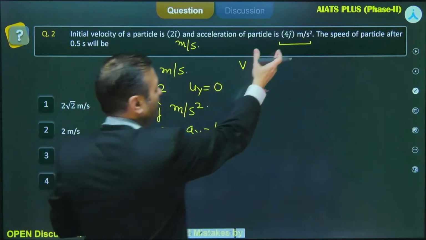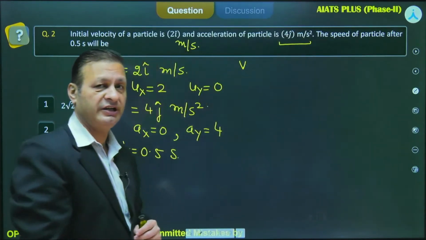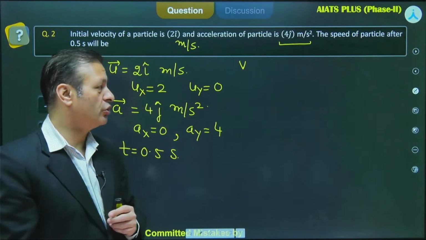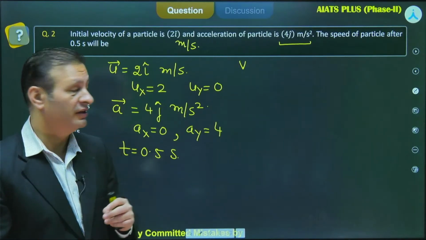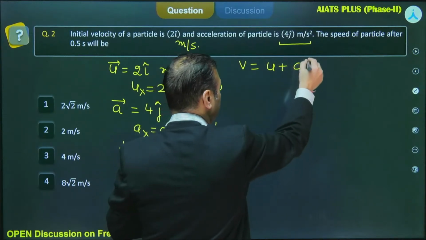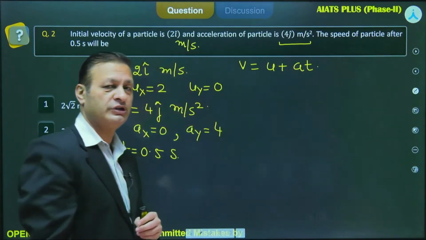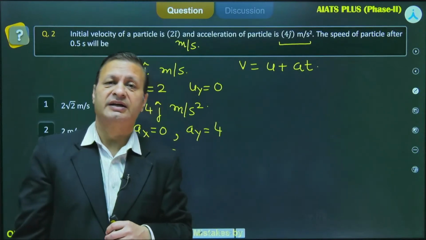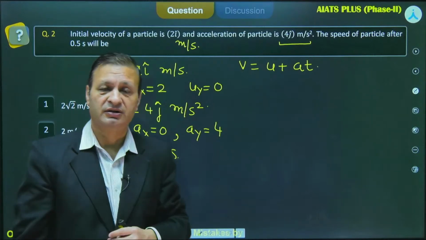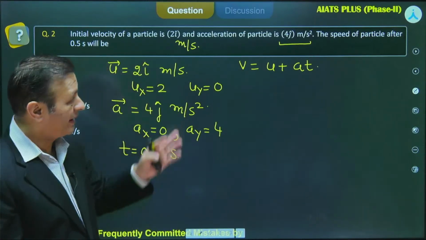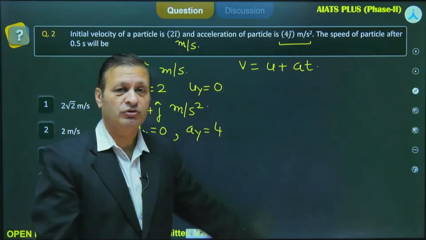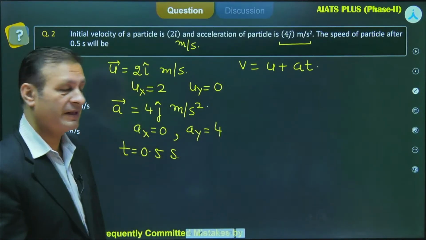Because acceleration is a constant quantity, that is, uniform acceleration is there, we can purely use your equations of motion for uniformly accelerated motion, and this says v is equal to u plus at. We can use this equation under one condition only, and that is for uniformly accelerated motion. And acceleration being a constant quantity along the y-axis only, constant in magnitude as 4, we can make use of this equation v is equal to u plus at.